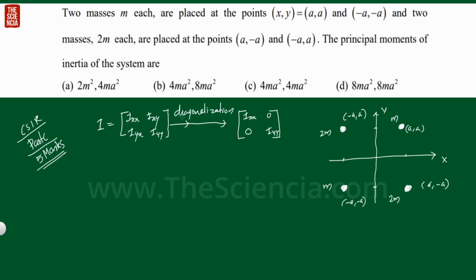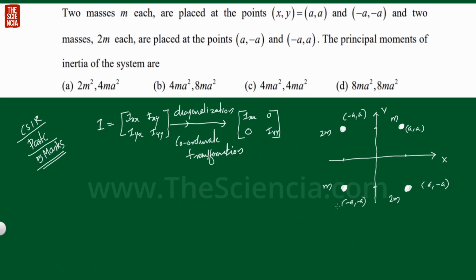And I told you that in this diagonalization process, what is happening is a coordinate transformation. It may be a rotation of the coordinates or a translation. So we did this process of coordinate transformation or rotation mathematically. Here, what I am going to do is this coordinate rotation or transformation purely graphically.